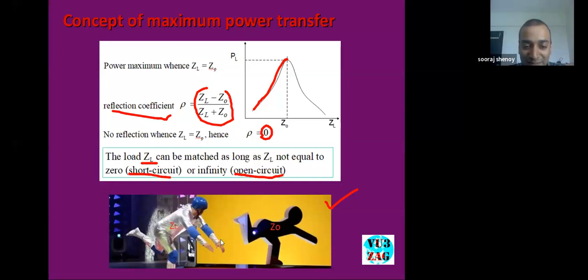I just tried to explain the scenario using this image. This is the load impedance and this is the input impedance, so you need to shape it in such a way that you can pass through the hole. A matching is required there, else we will not be able to pass through.